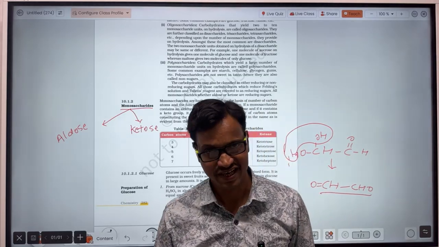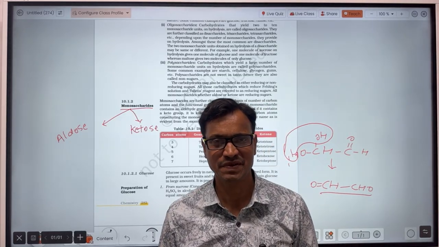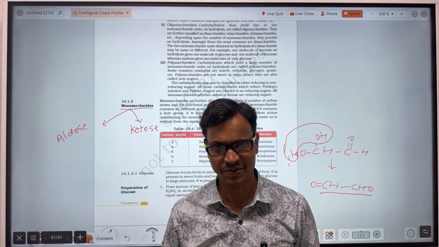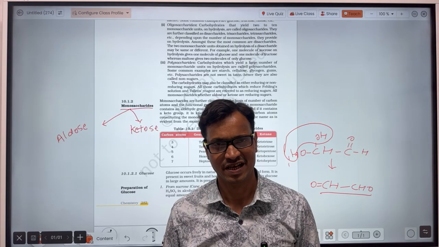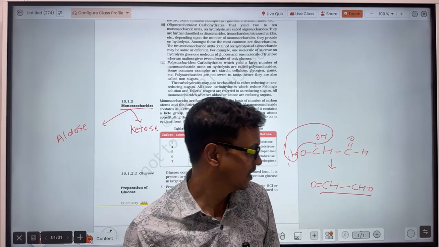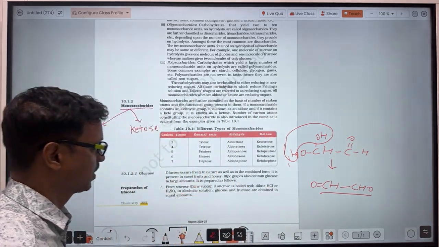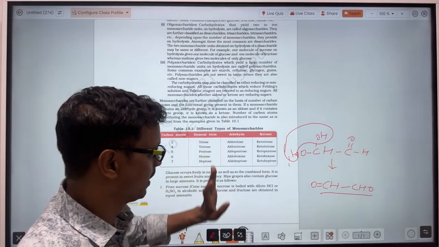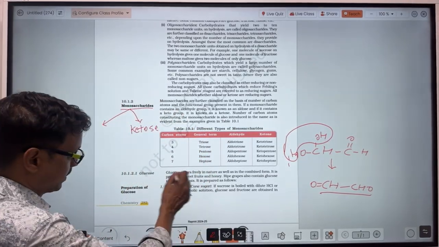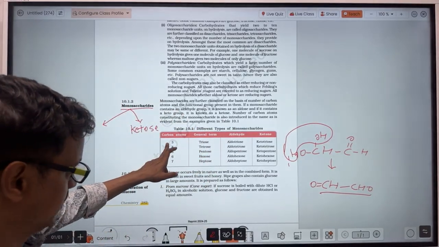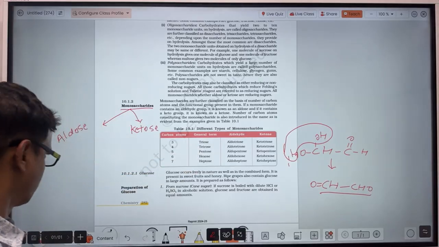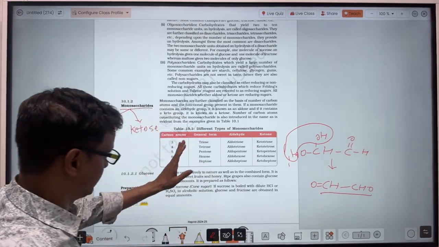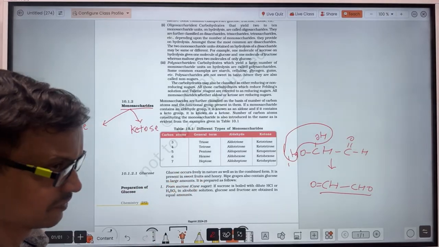Both aldose as well as ketose are further classified into triose, tetrose, pentose, hexose, heptose and so on. For example, if the carbohydrate contains the aldehyde group and the number of carbon atoms is 3, that is a triose.